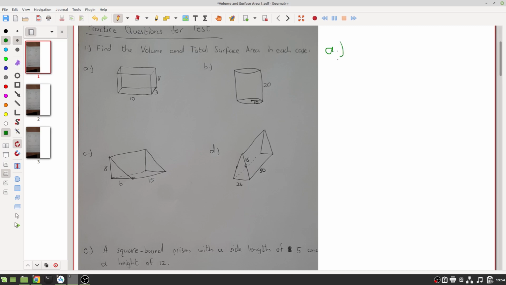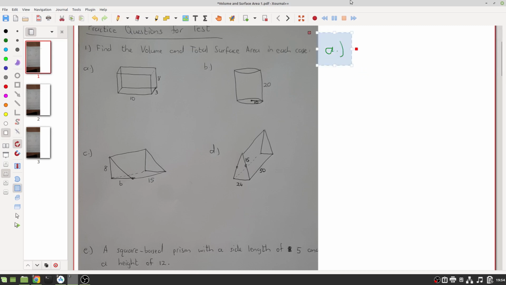Question A. Okay, so here we have a rectangular prism, which means that the base shape would be, let's choose the base as the bottom part. And let's also write the formula for the volume of any prism.